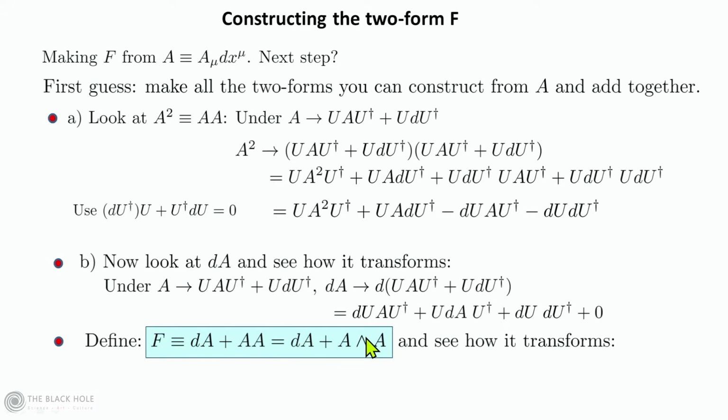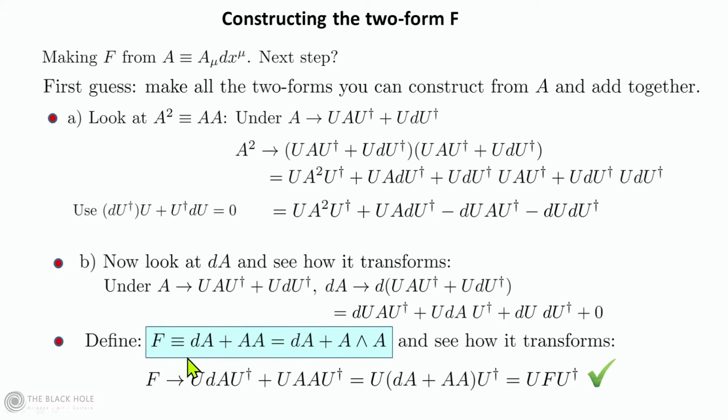A component will always have an index on it, so there's no possibility of confusion. Okay, so we are here. Here is the field strength tensor for a Yang-Mills theory written in an absolutely basic, simple form, no indices, nothing. F is dA plus AA.